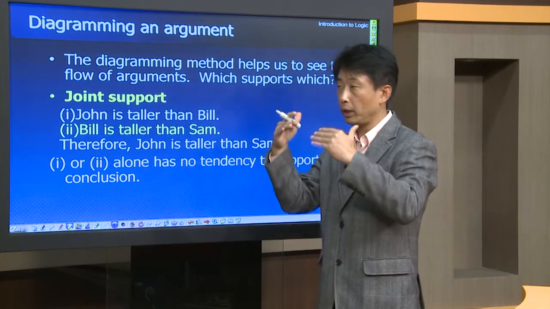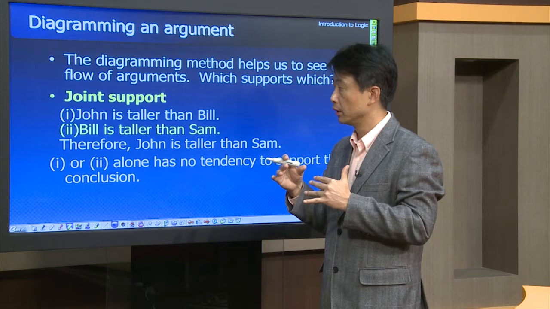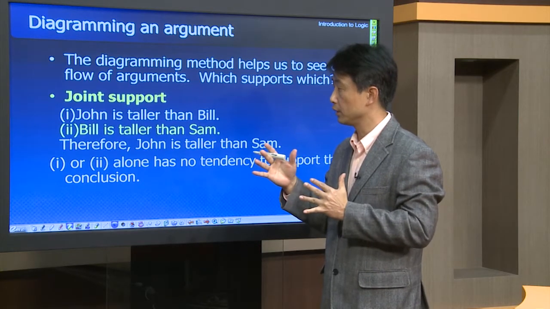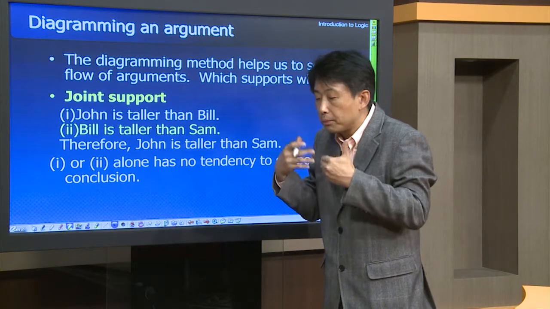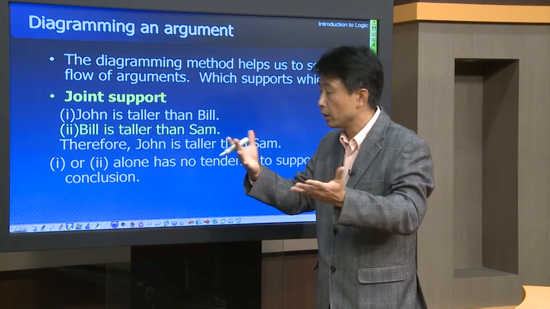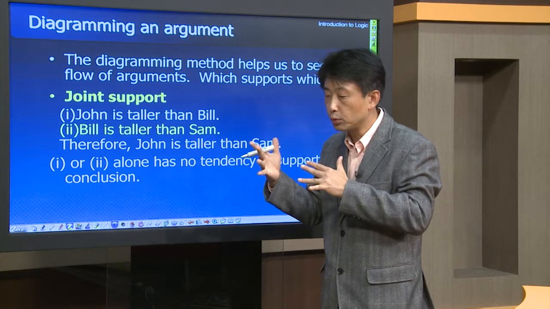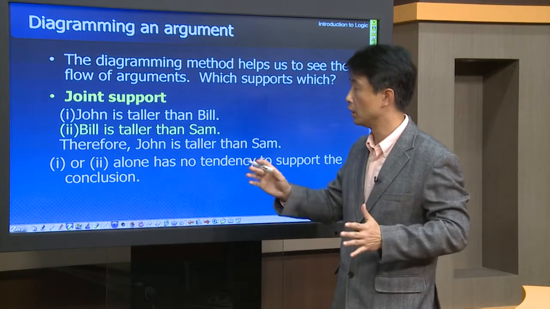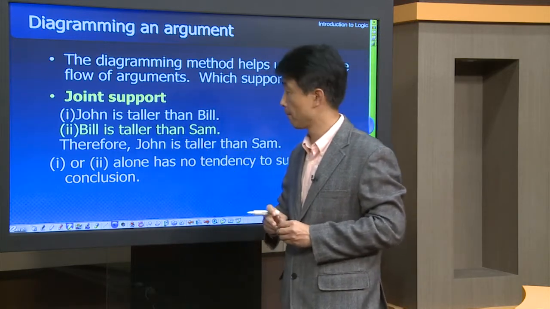Now, the relationship between the premises and conclusion can come in two different ways. That is, the way premises back up the conclusion can be of these two different types. The first type is called joint support.